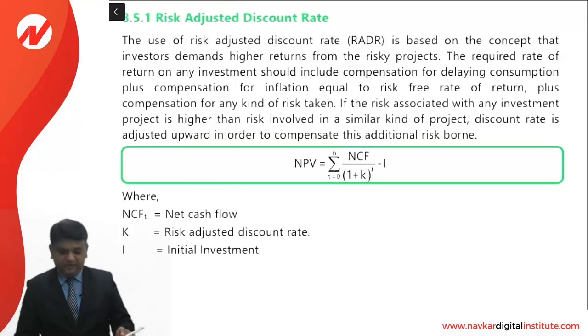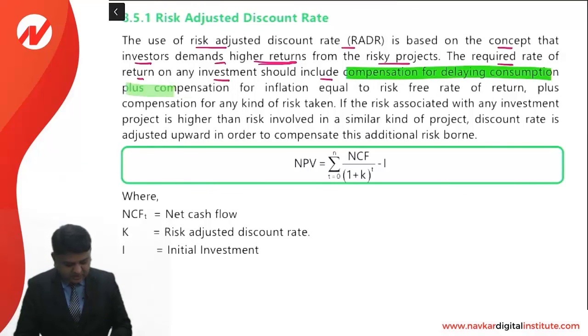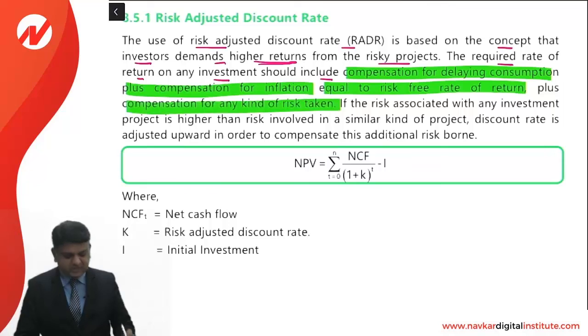So reading the relevant portion from the institute material, the use of the risk adjusted discounting rate is based on the concept that investors demand higher return for risky projects. Higher means higher than risk-free. The required rate of return on any investment should include compensation for delaying the consumption plus compensation for inflation, equal to the risk-free rate of return, plus compensation for any risk taken.